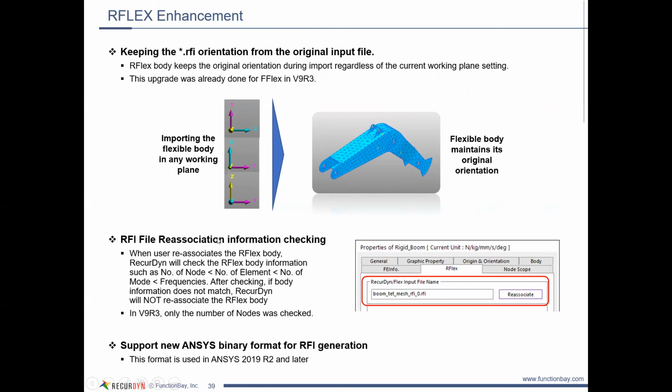Sometimes when you're using the G manager to switch between rigid bodies and RFlex bodies or FFlex bodies, you want to change the state of the body and reassociate. Other times, if you've made a change, you may have a new modified RFI file, and you want to reassociate the new RFlex RFI file with the particular body.